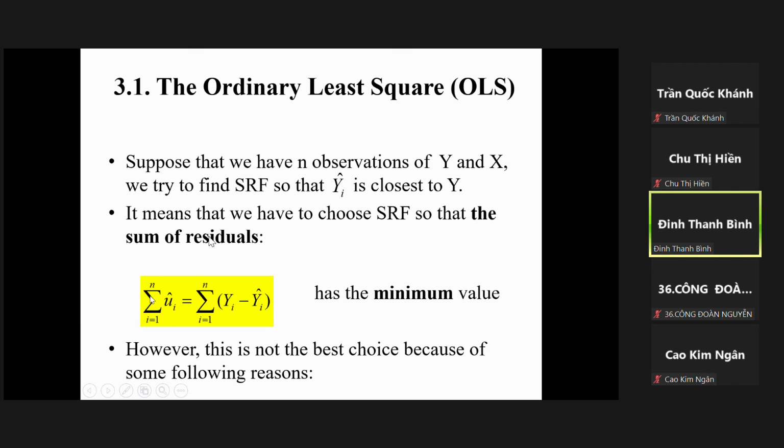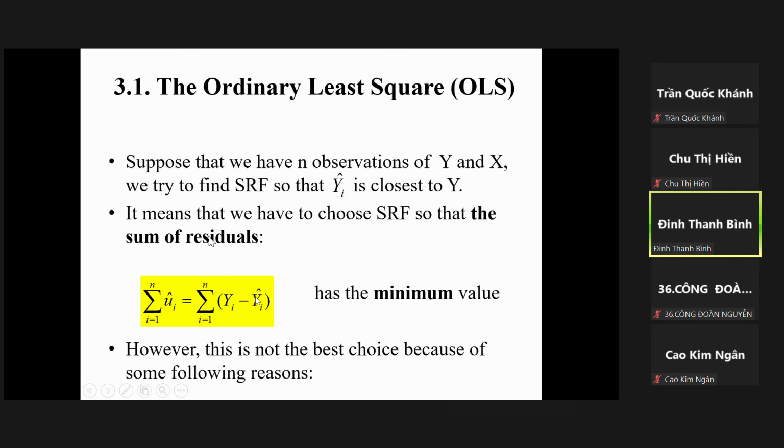Because when this sum has minimum value, that means the fitted value is the closest to the real value. Or in other words, our estimation is the most exact or the most efficient. So this is the first idea of Gauss.